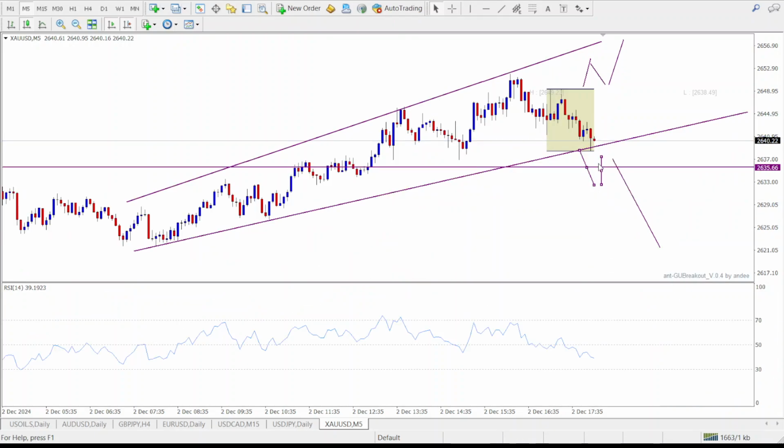Whenever we have a bearish breakout, we should be looking out for the RSI value being below 50 and trending downwards, showing that there is sell momentum.